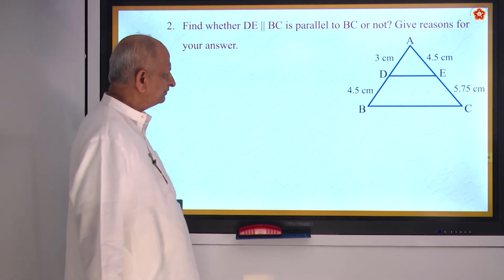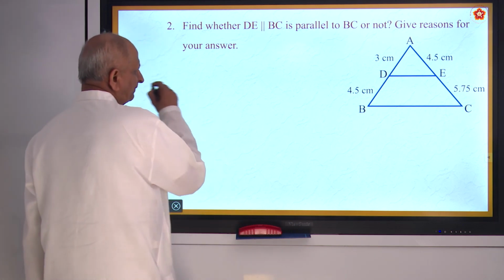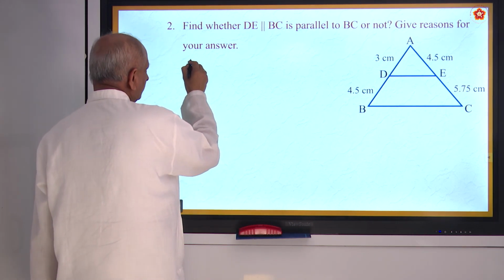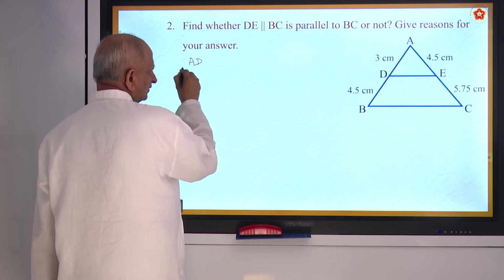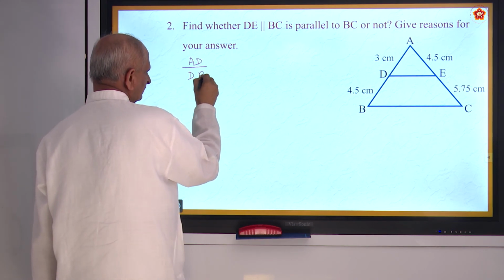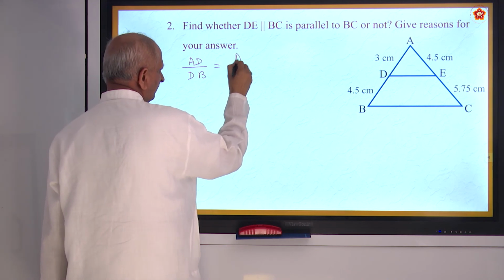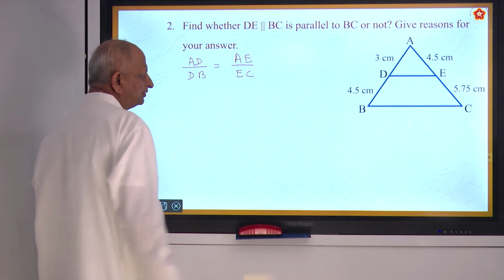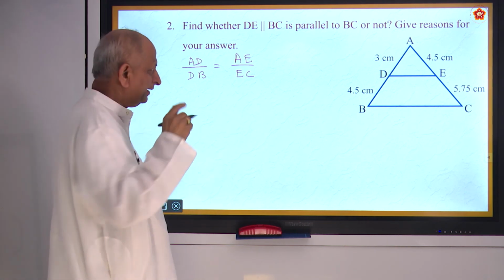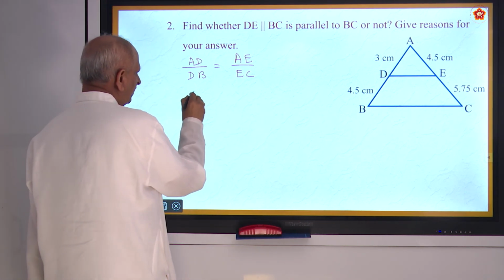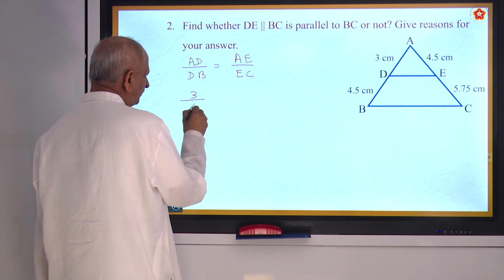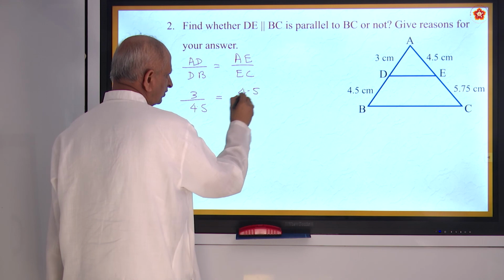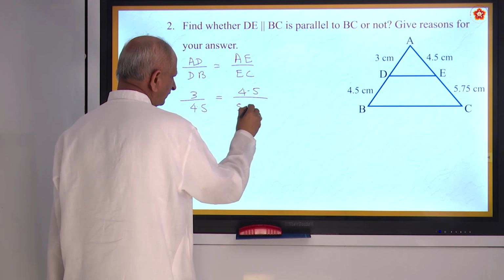Here sides are given. So by basic proportionality theorem, AD by DB is equal to AE by EC. If they are equal, then we say they are parallel. That is 3 by 4.5 is equal to 4.5 by 5.75.